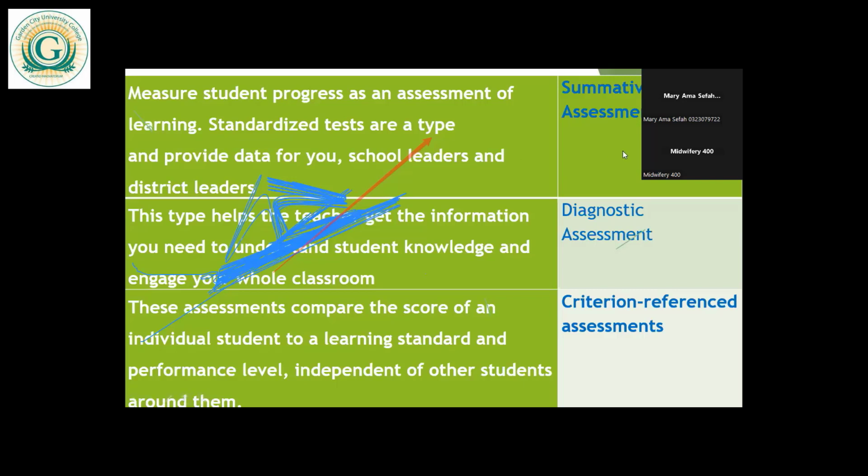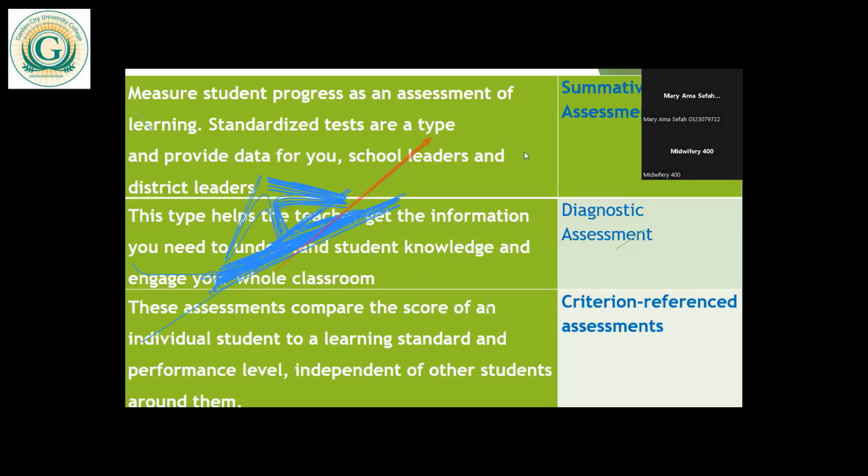Summative means what? At the end. Yes, summative means a summary of everything you have learned. So mostly these assessments are given at the end of learning the entire material.